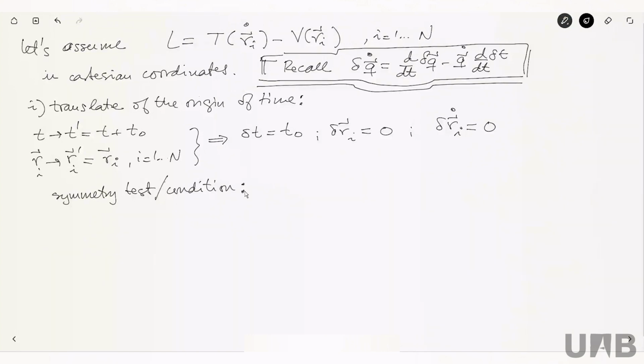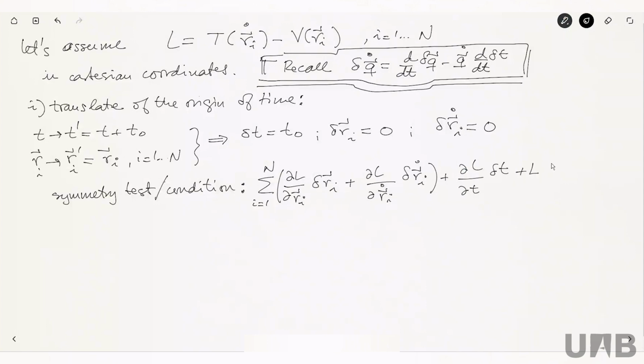So we can go back to the expression that we got: the sum over all i from 1 up to n of the derivative of L with respect to ri times delta ri, plus the derivative of L with respect to r dot i times delta r dot i, plus the derivative of L with respect to time times delta t, plus L times the derivative with respect to time of delta t, equals 0. That was the symmetry test that we obtained.